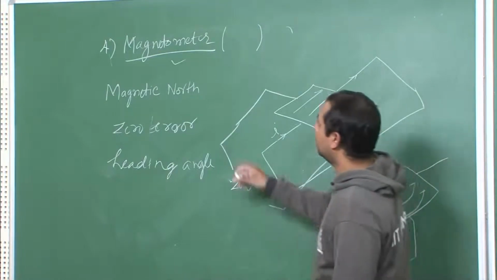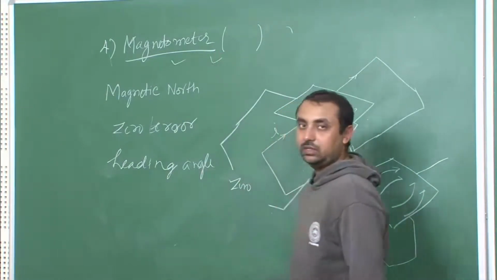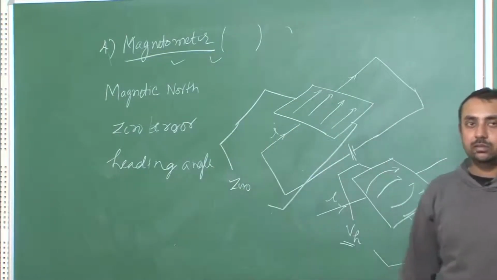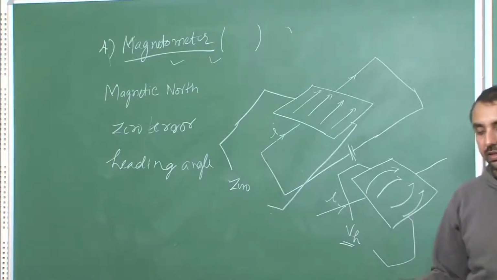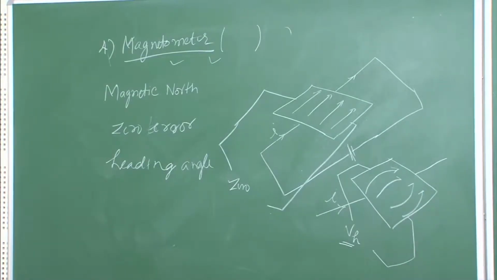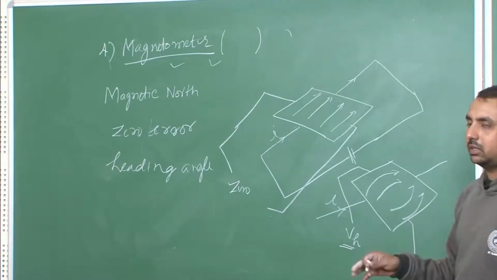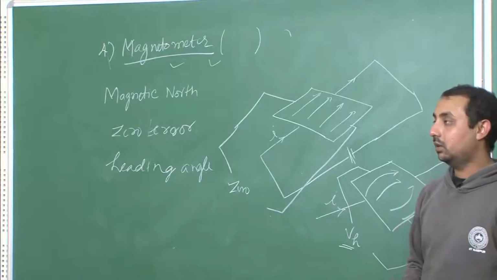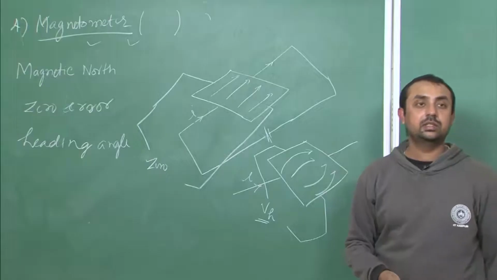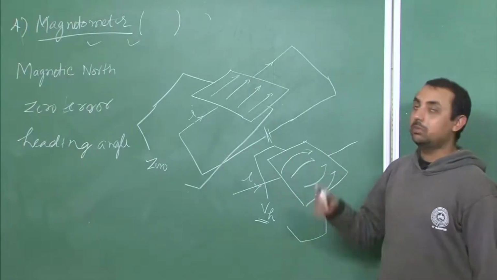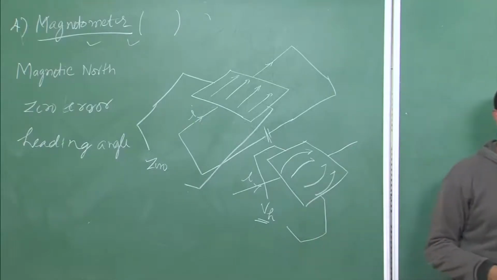But the defect of magnetometers is, since a magnetic field is involved, there are different instruments or equipments in the UAV or in the plane itself which have electromagnetic fields. You cannot mount a magnetometer near a rotor because it has a magnetic field, so it can distort your readings.